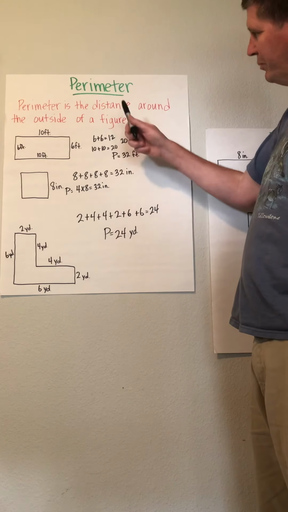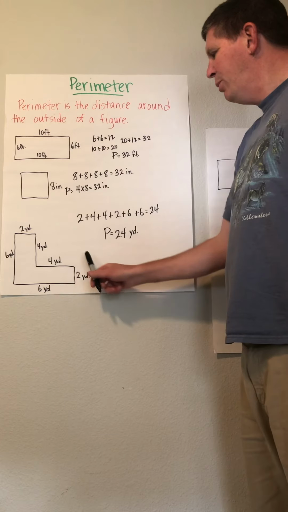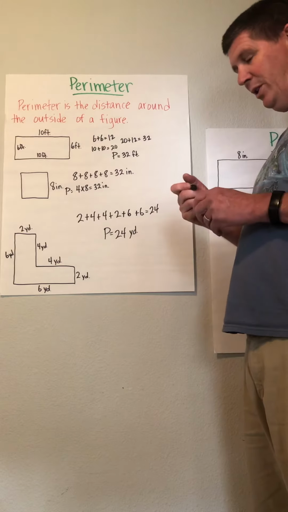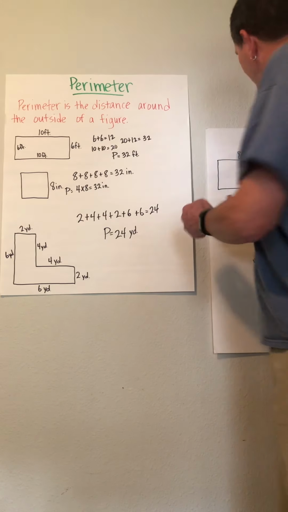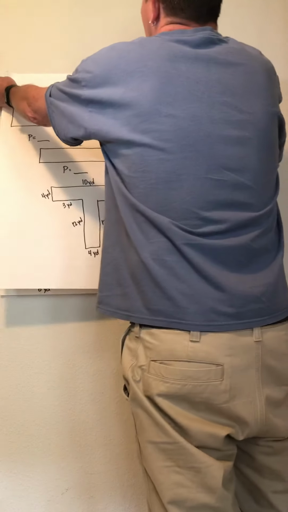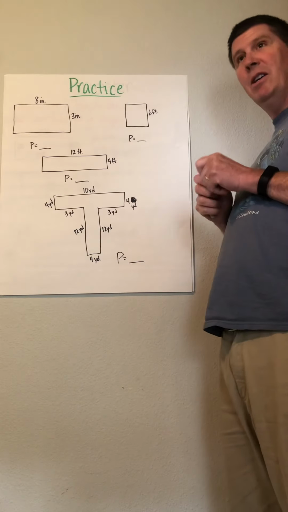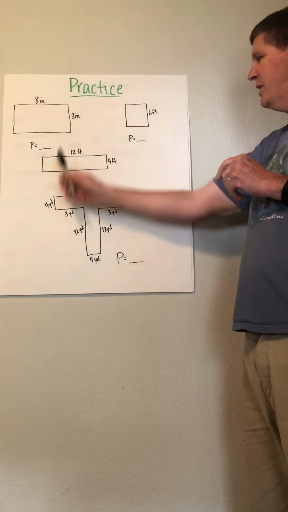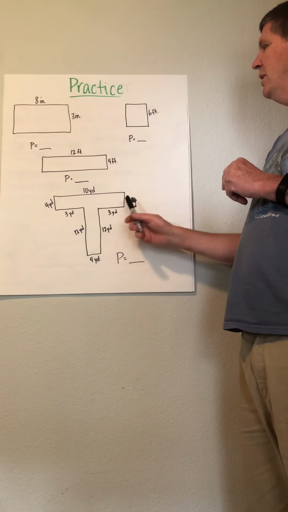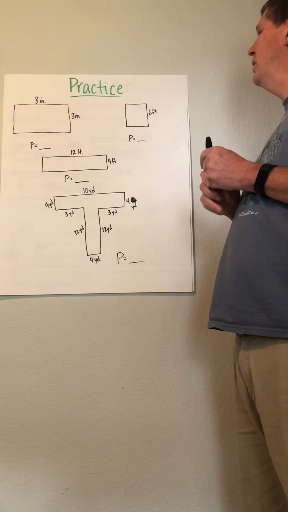So there you go. The perimeter of a rectangle, the perimeter of a square, and the perimeter of an odd-shaped polygon. So what I'm going to do now is I'm going to give you some work to practice. What you should do right now is pause the video so that you can see the screen, and then you're going to copy the different shapes.